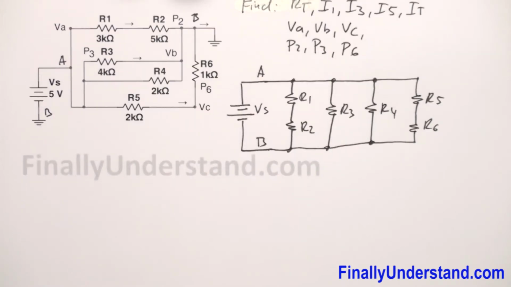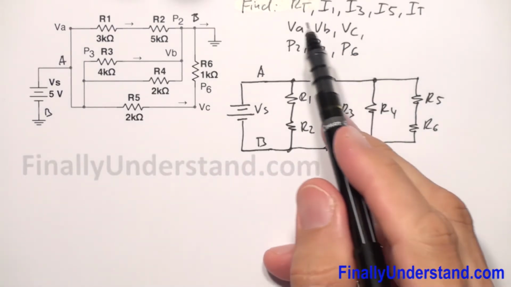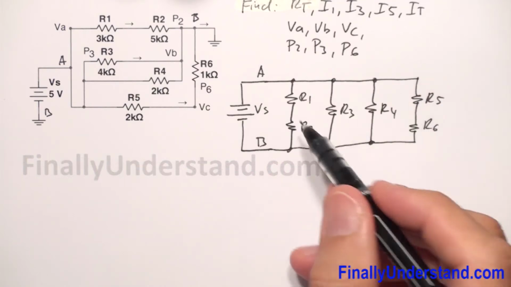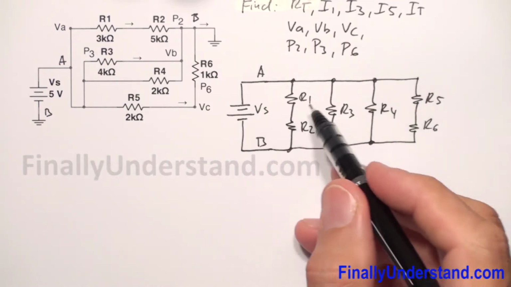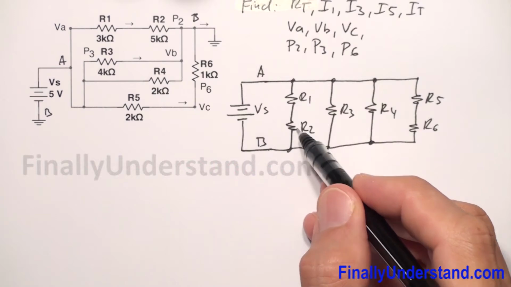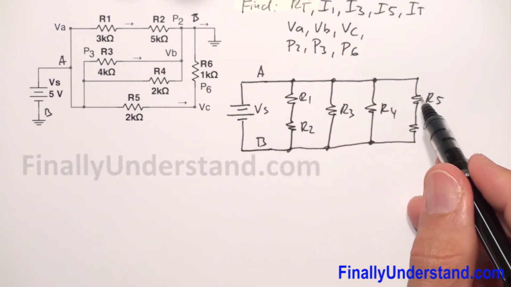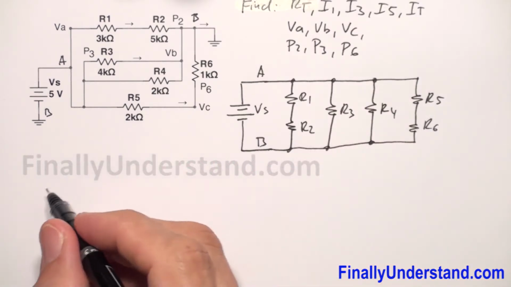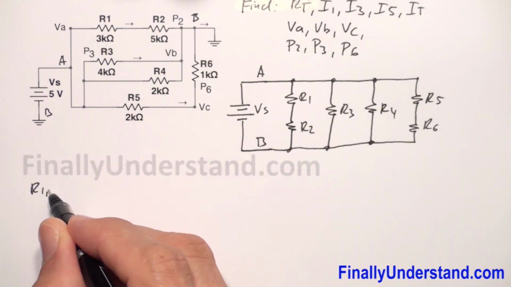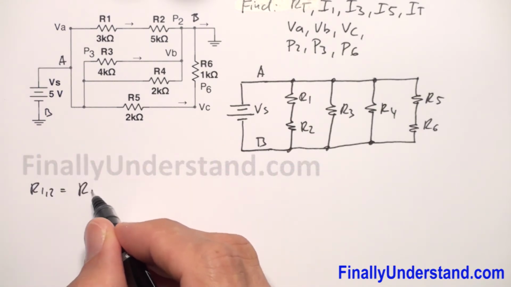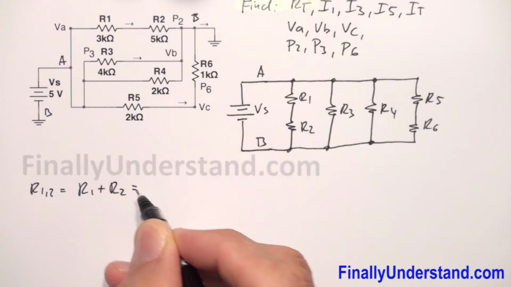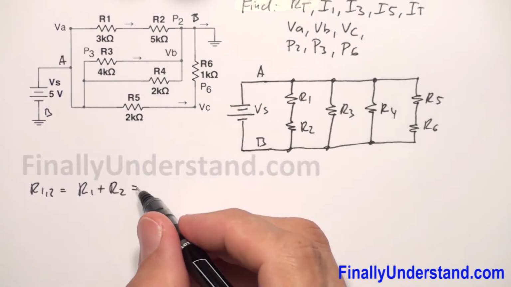So what we're supposed to find? We're supposed to find R total. So first I'm going to find the equivalent resistance R12, the equivalent resistance for these two resistors. So I have R12 is equal R1 plus R2. Remember the formula first.